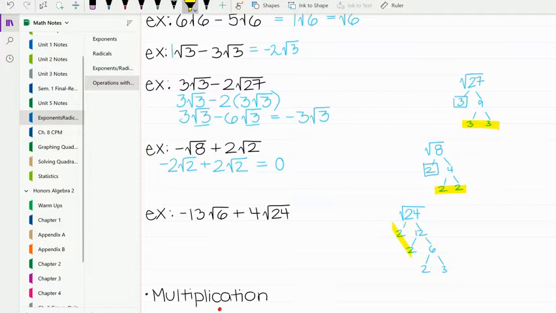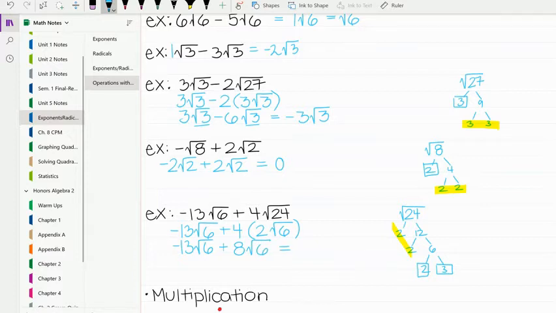So we would have a pair of 2's, and then a 2 and a 3. So we would have negative 13 root 6, and then plus 4, and instead of root 24, I'm going to write 2 root 6. So then this would become negative 13 root 6 plus 8 root 6, and we can now combine those.